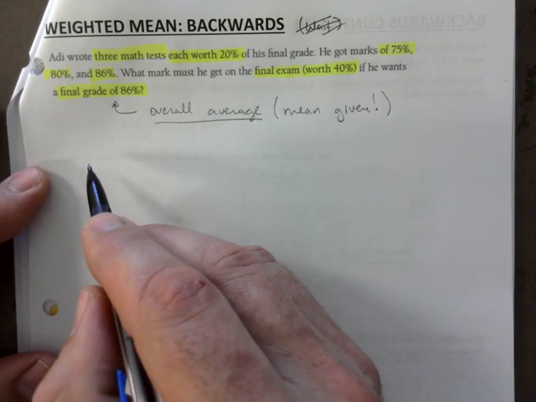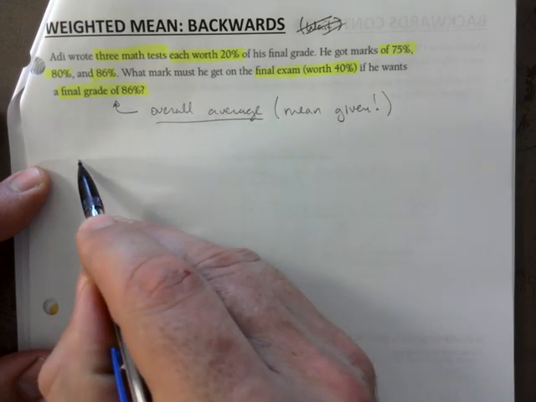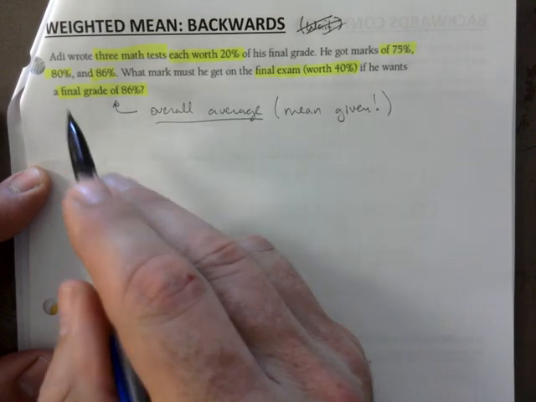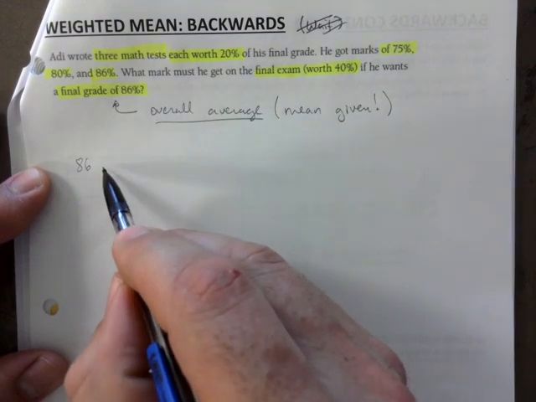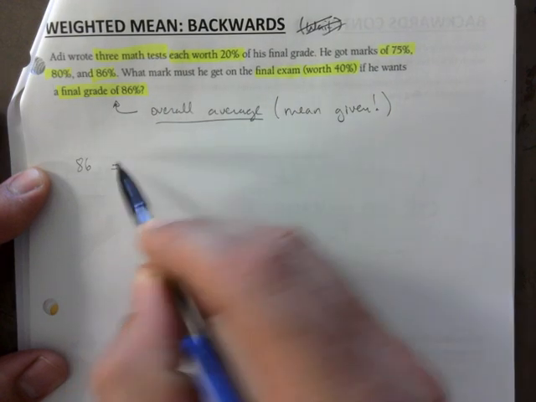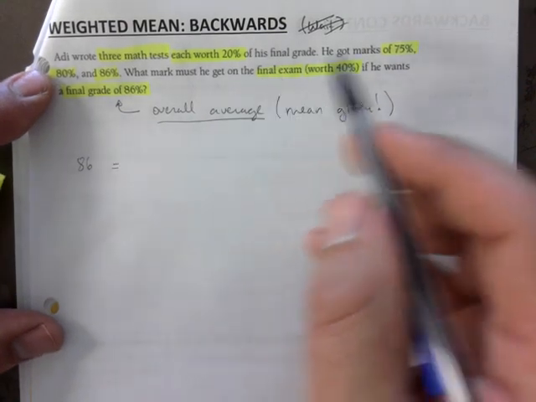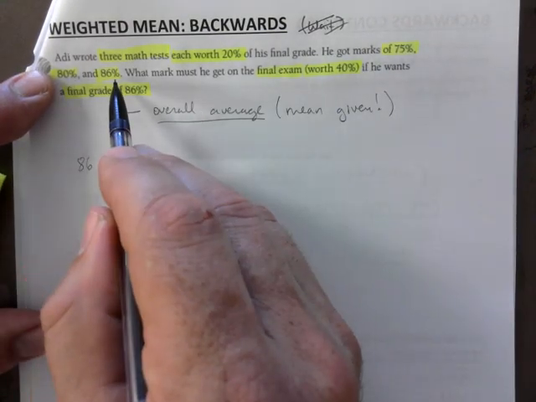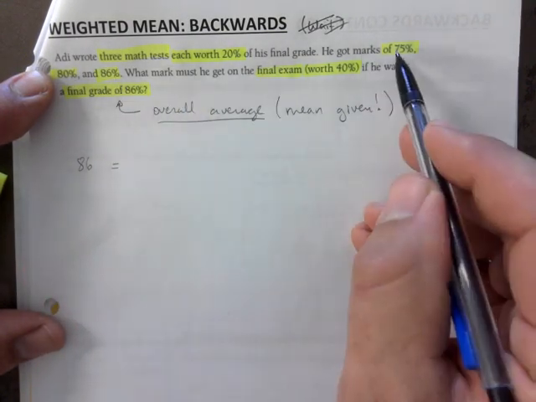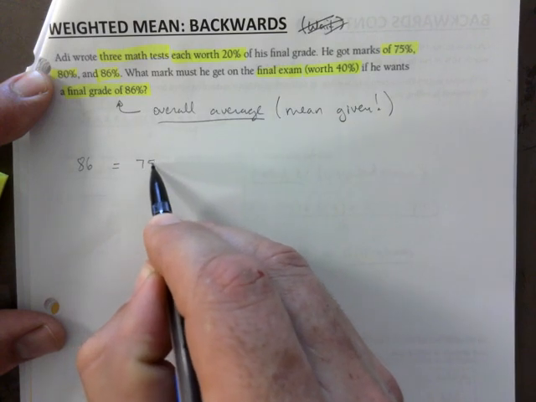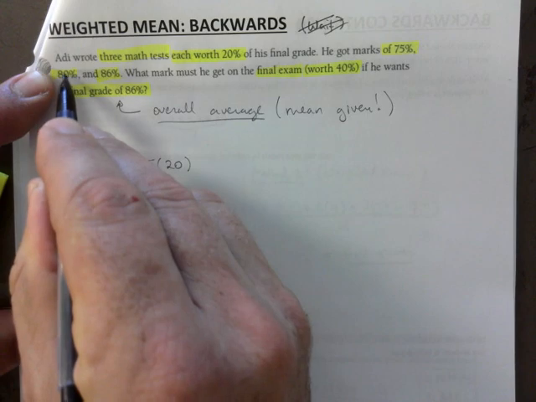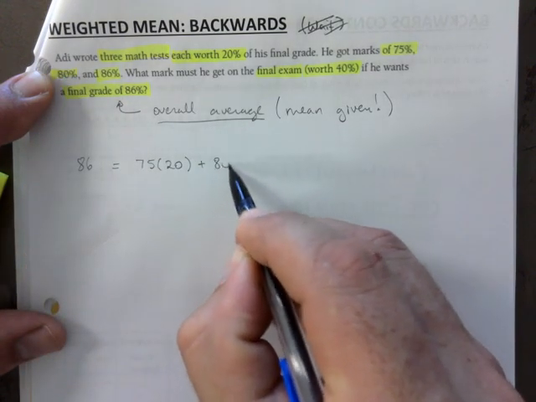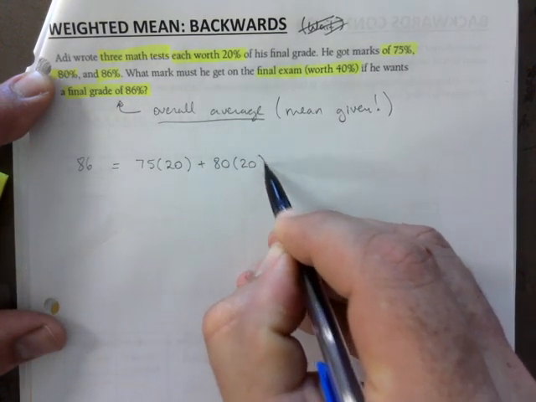So here it is. You go with the 86%. I keep everything as a percentage. I just leave it like that. Okay, 86% is equal to, each one of these tests you wrote is worth 20%. Okay, so the 75 gets multiplied by 20. The 80% test also gets multiplied by 20.